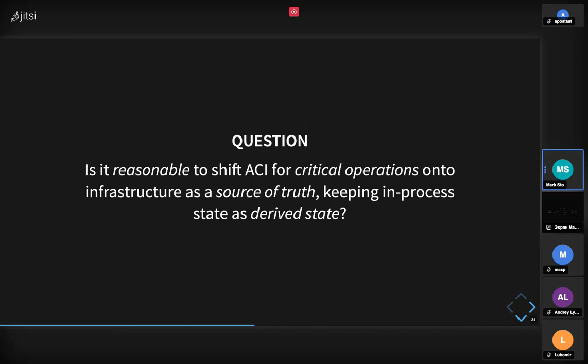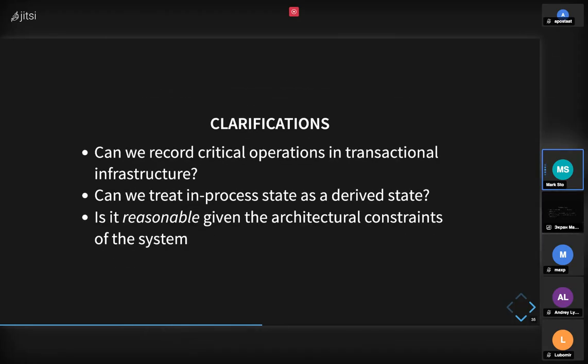But you can include here quite freely any organizational or economic circumstances of your project or organization. So for the purpose of this talk, we are okay to mean the existing architectural constraints of our system by saying reasonable. So, clarifying questions.